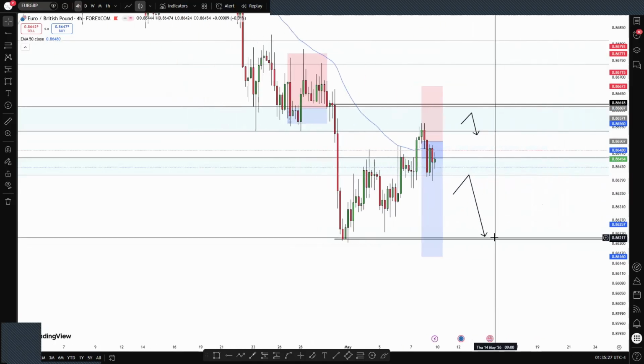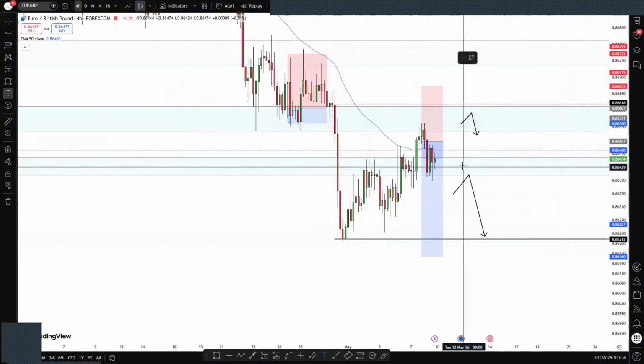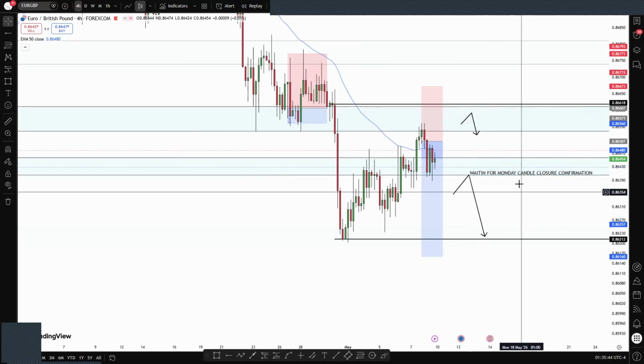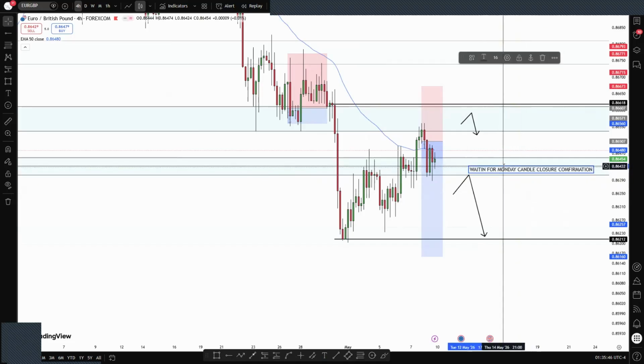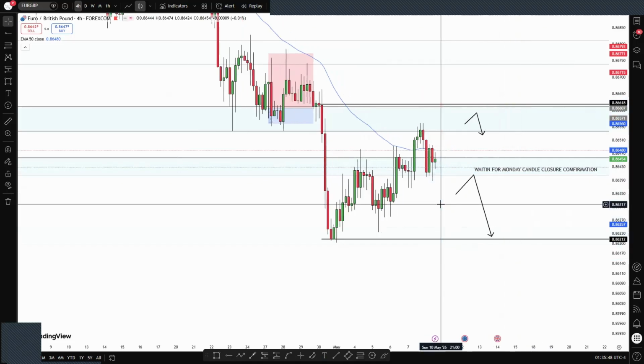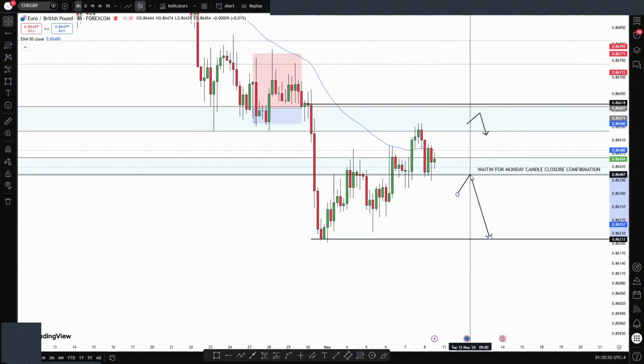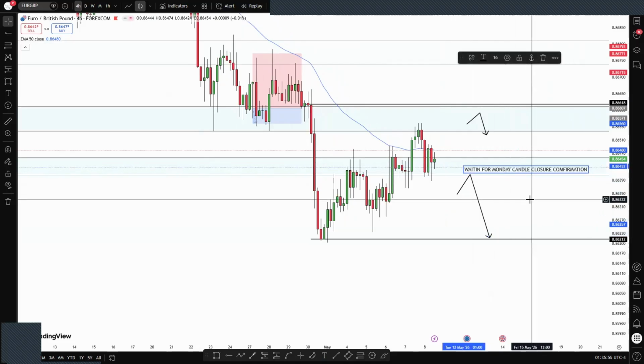If we want, we can just write: waiting for Monday candle closure confirmation. Meaning I'll be monitoring this trade, but I won't take any trade until I see how Monday closes.